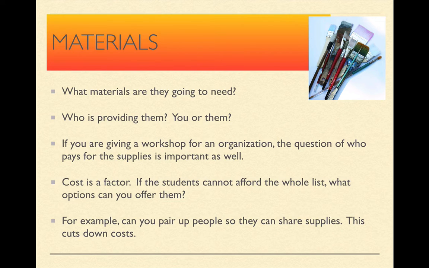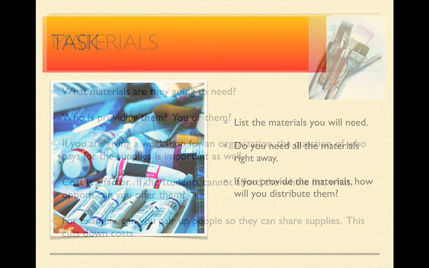So keep that in mind. Another example is you can pair up people so they can share supplies. They can share chisels, they can share a Dremel or other tools that might be more expensive. This helps cut costs, and it also helps them make friends. It's a good way to do it.